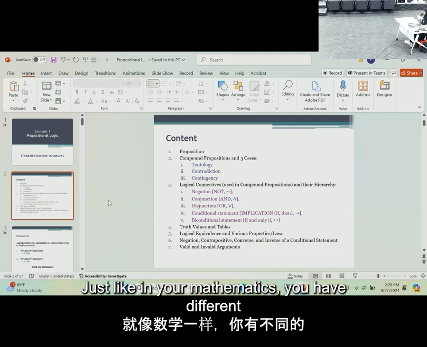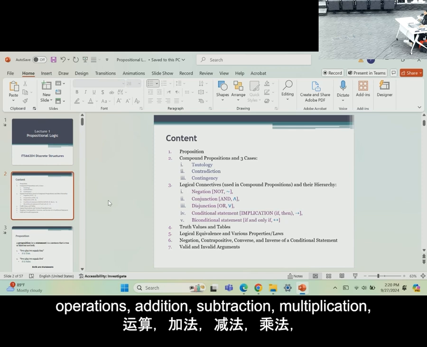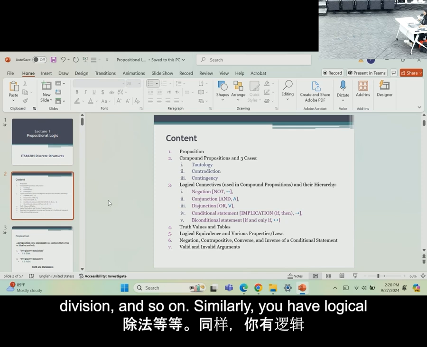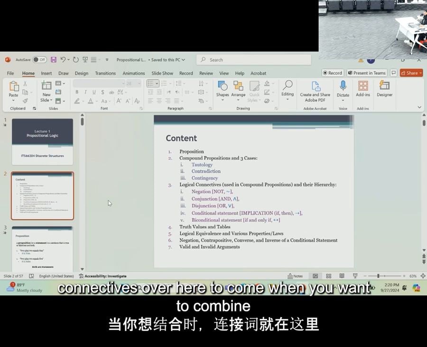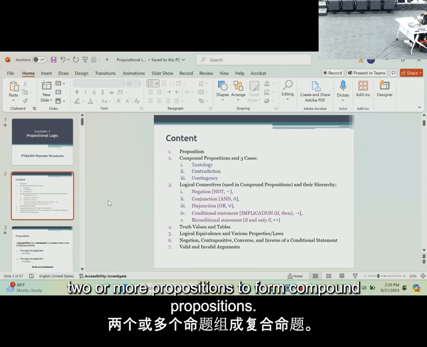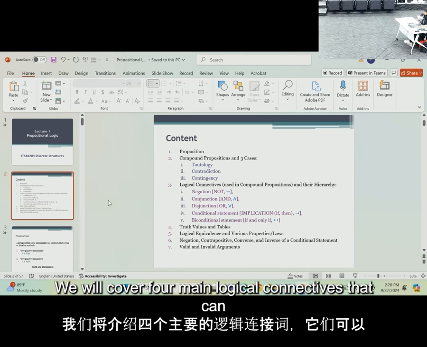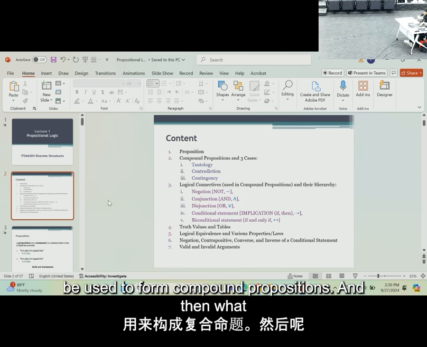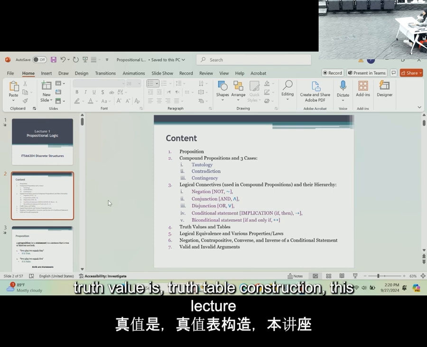Just like in mathematics you have different operations, addition, subtraction, multiplication, division, and so on, similarly you have logical connectives here when you want to combine two or more propositions to form compound propositions. We will cover 4 main logical connectives that can be used to form compound propositions, and then what truth value is, and truth table construction.